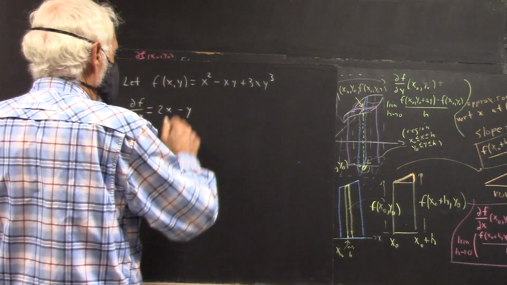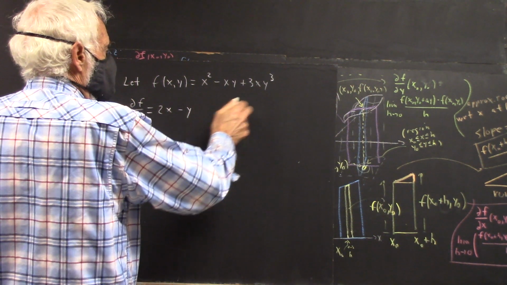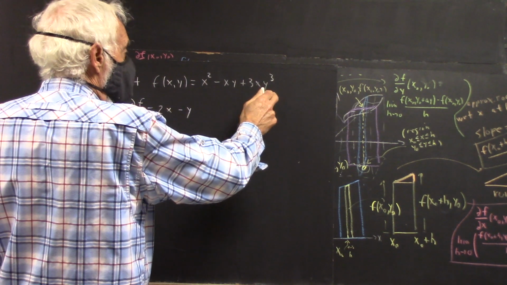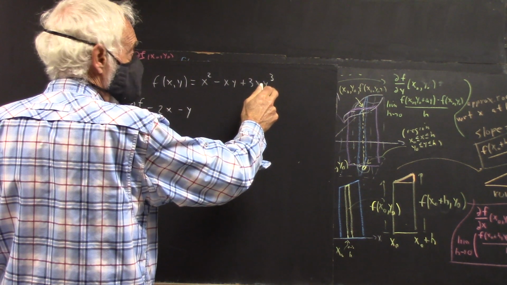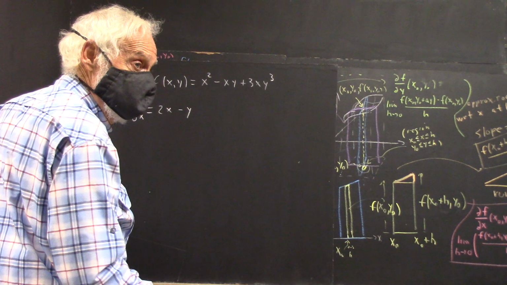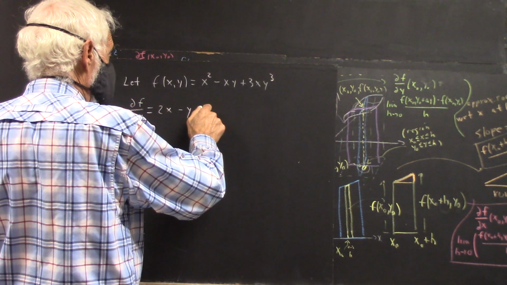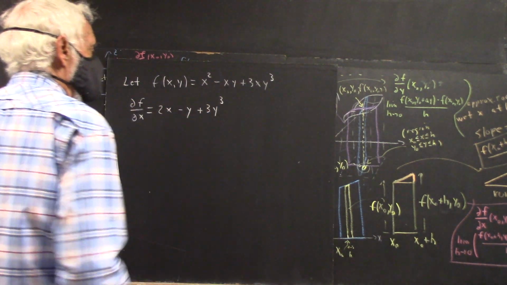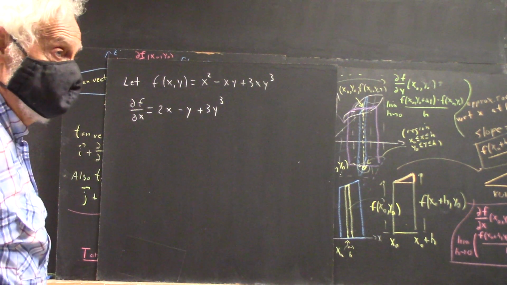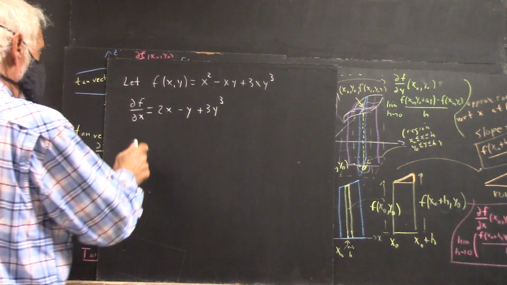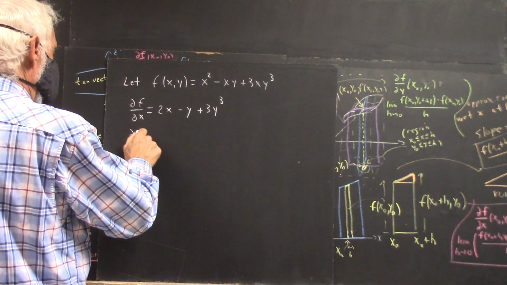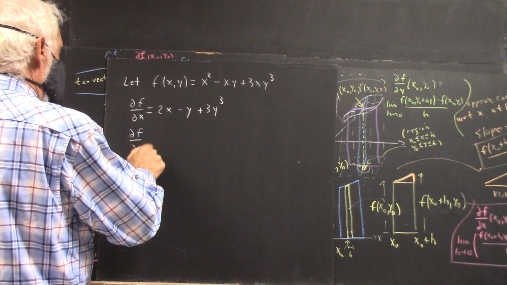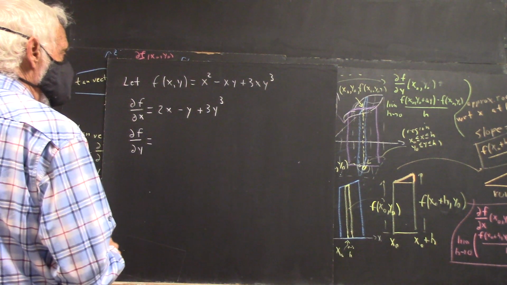And of course, it's a negative derivative. And then we do the same thing here. We hold y constant. We treat y as just another symbol that isn't changing. There we have it. And then the partial derivative with respect to y.